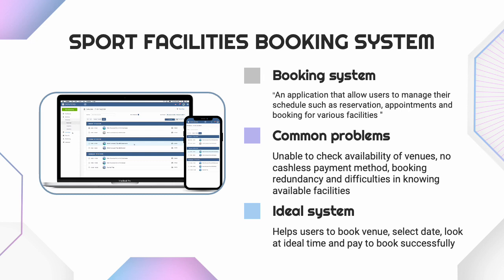So the ideal sport facility booking system is one that can help the user to book the venue, select the date, look at the ideal date, and probably after that they can make payment for the service that they already booked, okay, for all sports facilities.